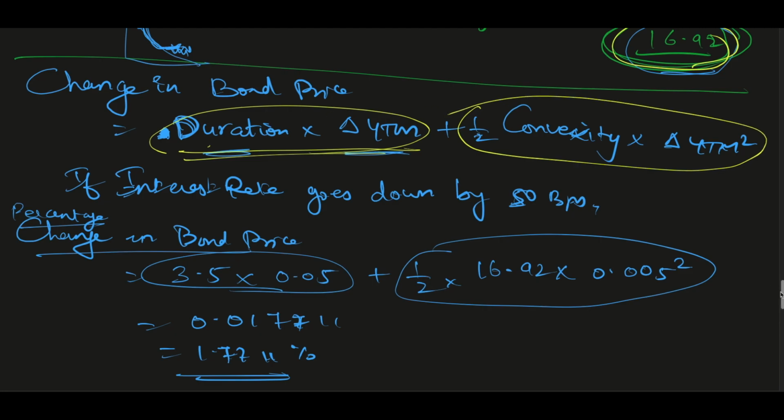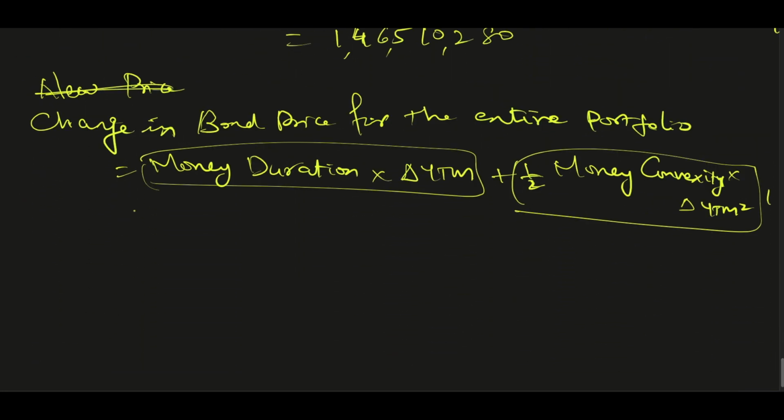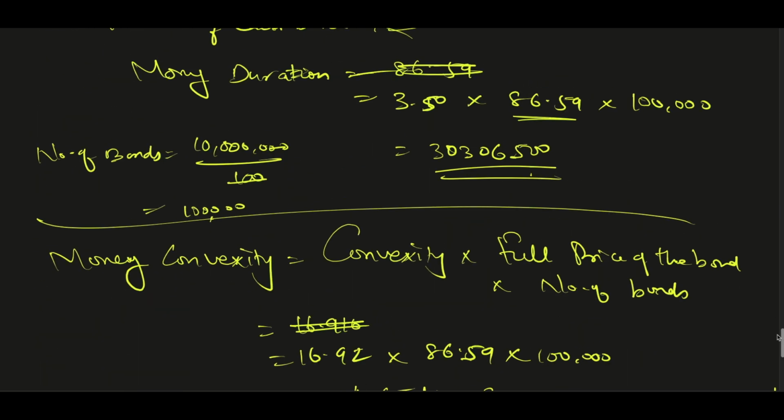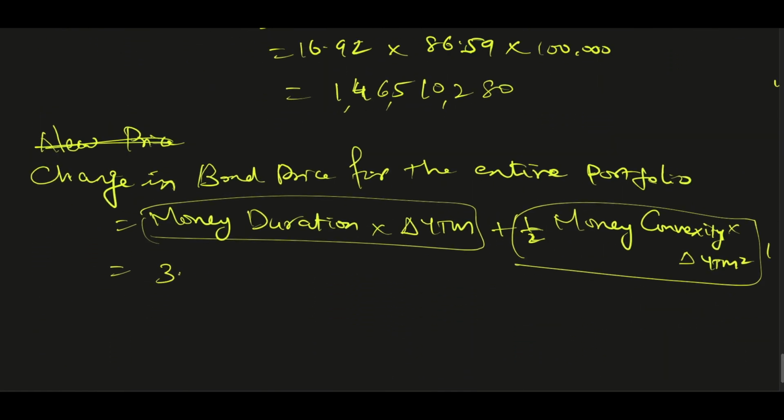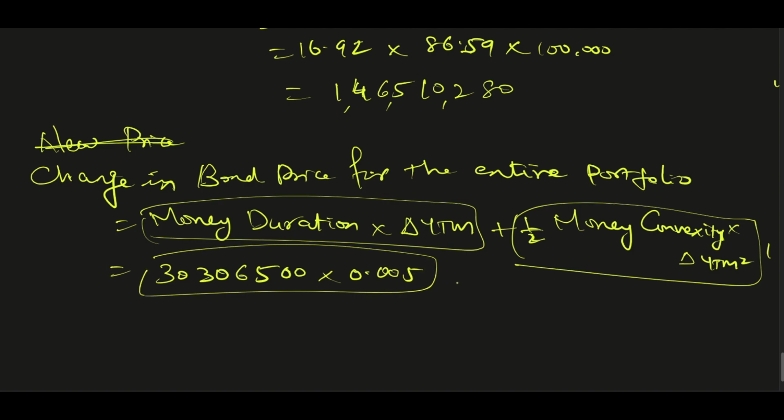So money duration is 30,306,500, so 30,306,500 into 0.005. So this is one group, plus half of money convexity, which is 1465,10280, into 0.005 square.